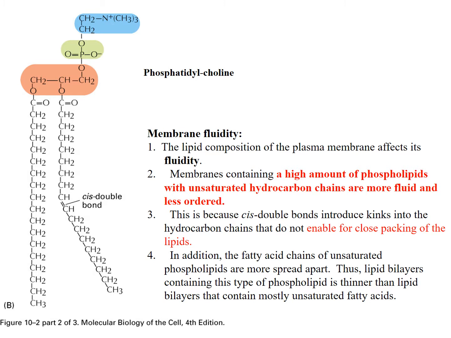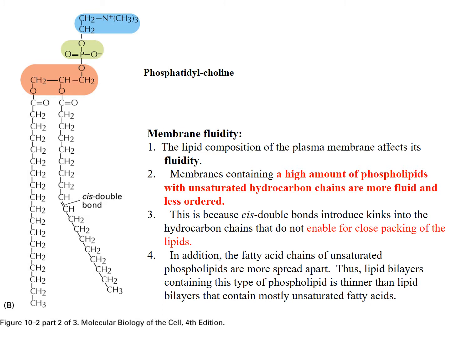The lipid composition of any plasma membrane affects its fluidity. If it has a lot of fatty acid tails that have a double bond, it's going to be more fluid. And membranes containing a high amount of phospholipids with unsaturated chains are more fluid and less ordered, and produce the kinks, and you don't get a packing together, right?